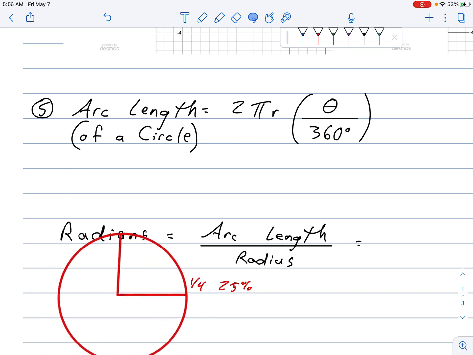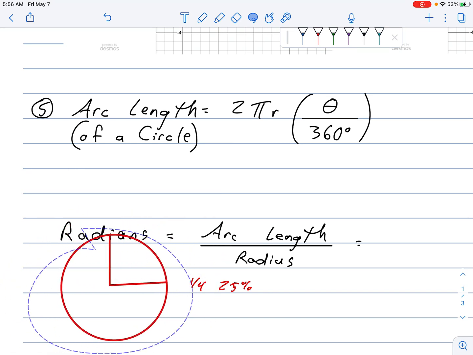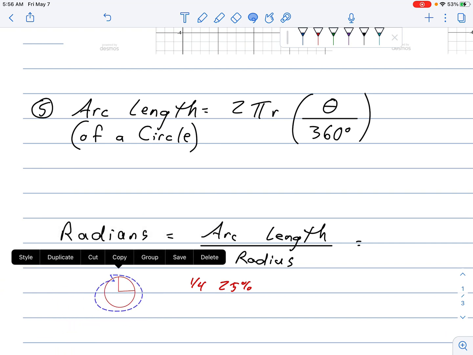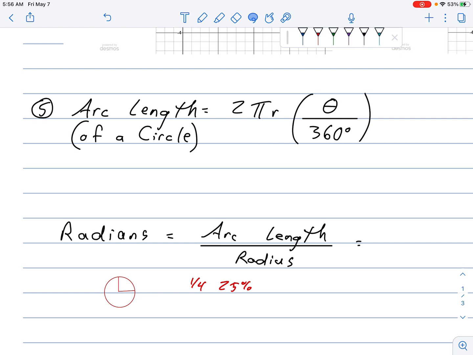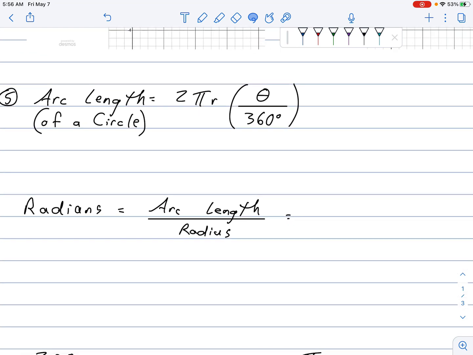If I make this circle larger, still 25% of the circle is being used. If I make it smaller, still 25% of the circle is being colored in, but the radius is disregarded in that measurement. Same idea where radians, you're saying, well, don't worry about the radius, just compute what the arc length is.